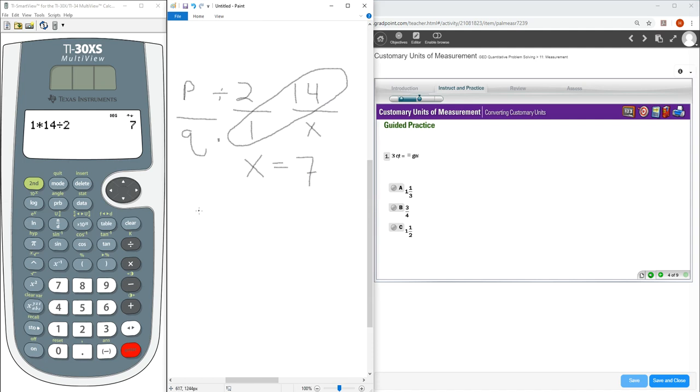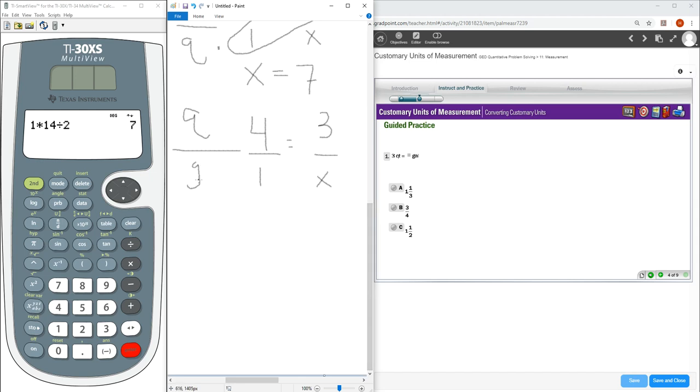We'll go quarts over gallons. There we go. This is how we would set our problem up.